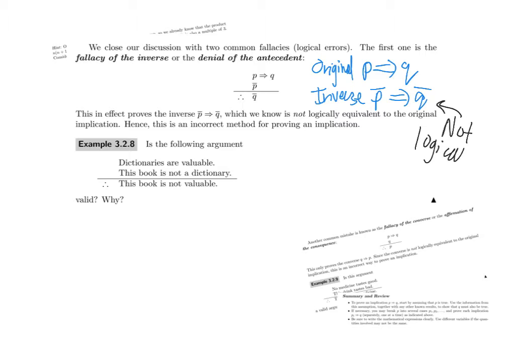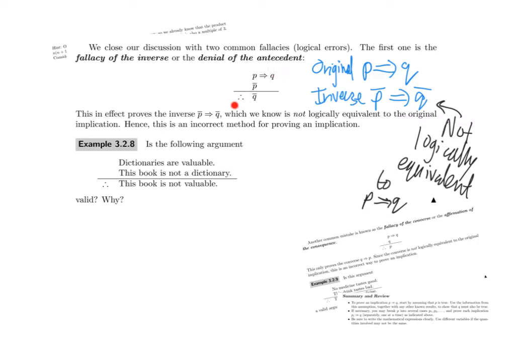If you recall, the original statement is if P then Q, and the inverse is the one where you just negate the P and the Q and keep everything where it is. And again, as we said before, this is not logically equivalent to if P then Q. Very important to keep that in mind.